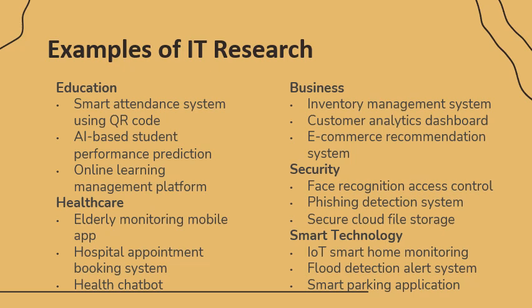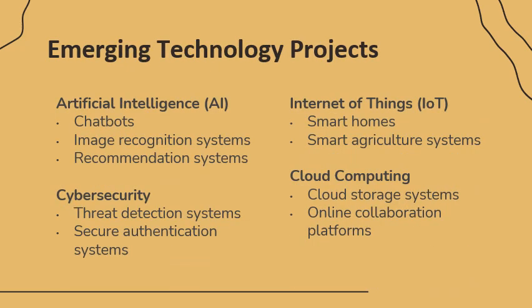Now, the following are examples of IT research for education, healthcare, business, security, and smart technologies. So these are some of the examples of research that you can refer to and improve the existing system. Now, these are the emerging technology projects we can see on AI.